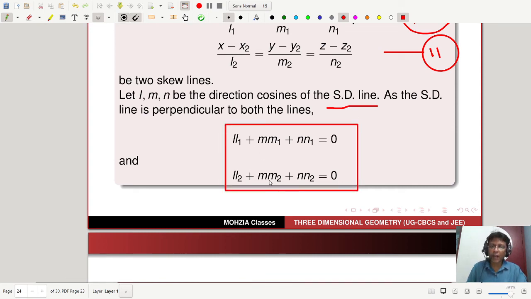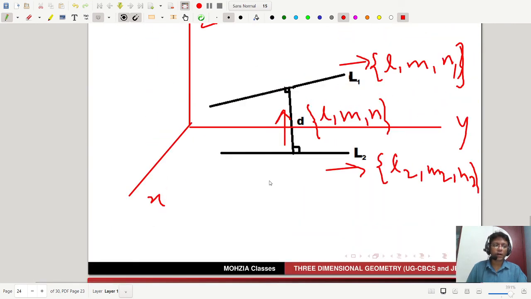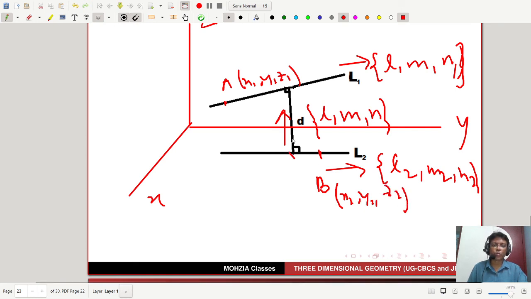Now suppose this is the point A here, and this point is given by x1, y1, z1, and this is the point, suppose B, given by x2, y2, z2. And these two points are suppose A dash and B dash. Now look at that. A dash B dash is the projection of the line AB.